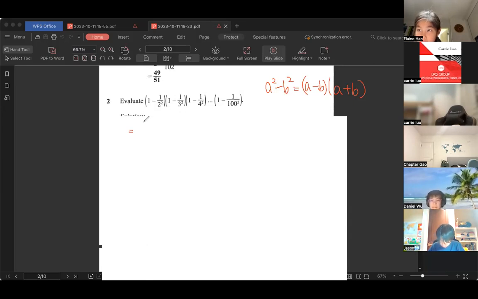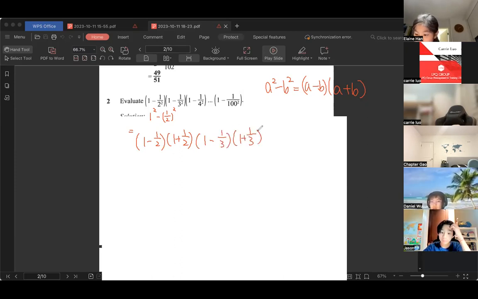Because 1 equals 1 squared, and 1 over 2 squared equals 1 over 2 squared, right? If you just expand them, it equals 1 minus half times 1 plus half, correct? Okay. Second one, can I write it as 1 minus 1 over 3 times 1 plus 1 over 3, correct?